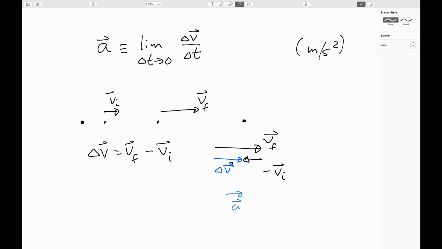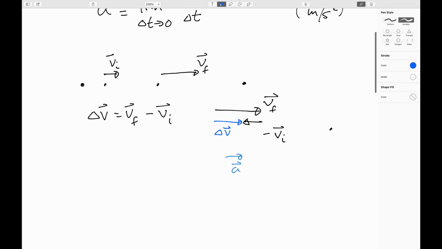This is because acceleration and velocity have different units, and since they have different units, you can't meaningfully compare the length of the arrows that you draw. So you can draw them however you want to be sensible to you.